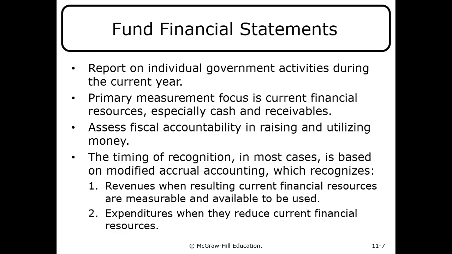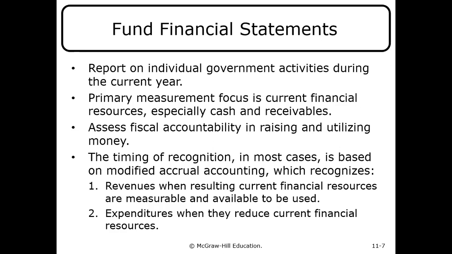So if you look under fund financial statements, the third paragraph, for example, the city of Norfolk, Virginia discovered that the city generally considers revenues, except for grant revenues, to be available if they are collected within 45 days of the end of the fiscal year.